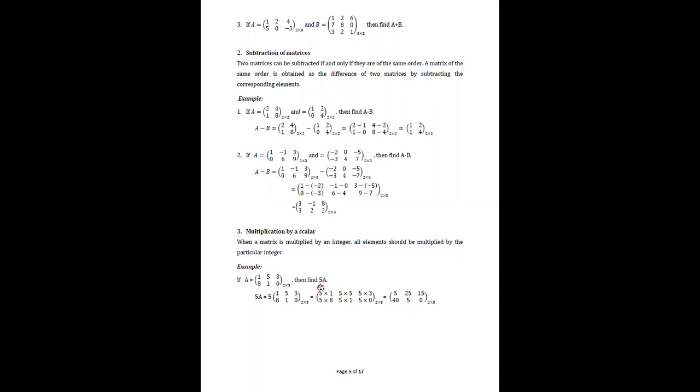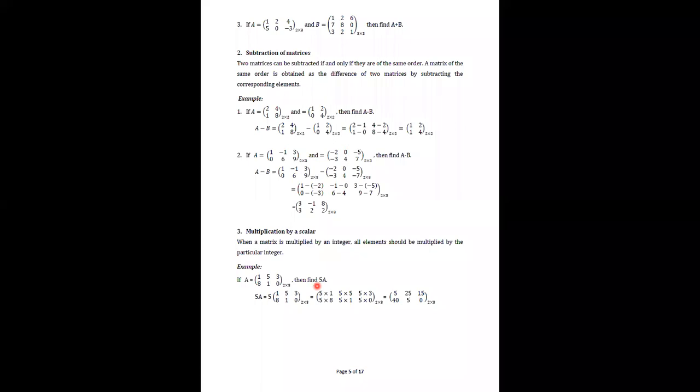Therefore, you can perform this multiplication of a matrix by the scalar. Then first you write down the scalar and the matrix accordingly, and then you multiply each and every element inside this matrix by the given scalar.